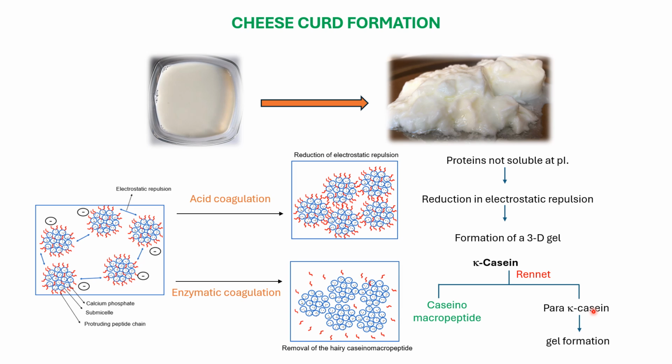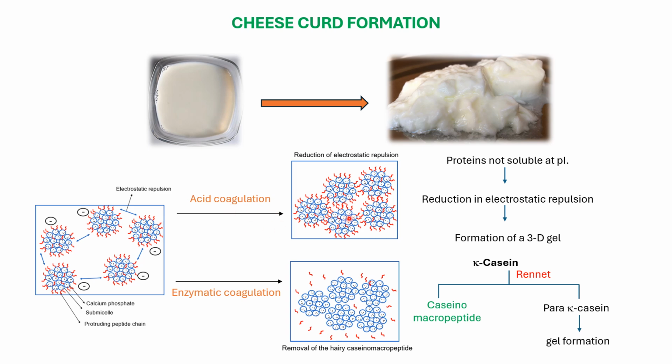So they form a three-dimensional gel-like network called curd, which on syneresis yields the structure of cheese that we all know. Rennet used for producing cheese using enzymatic coagulation is made using recombinant DNA technology.